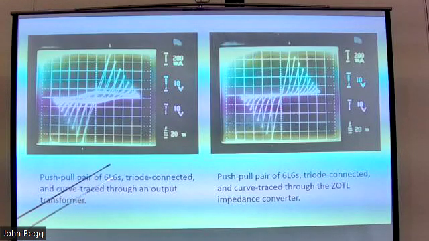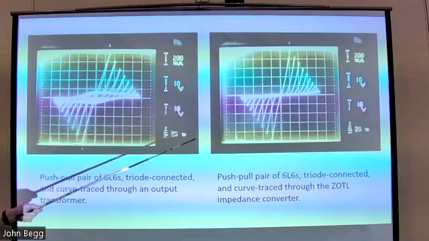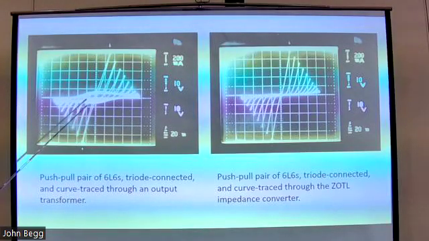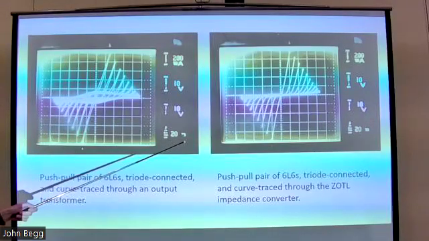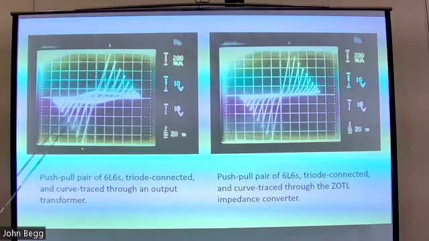These parameters are the same on both, because I've chosen this output transformer to have more or less the same impedance conversion ratio as the ZOTL. That was just a choice I made to make these things look pretty close.